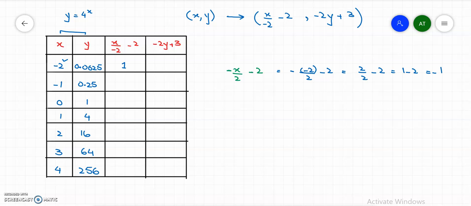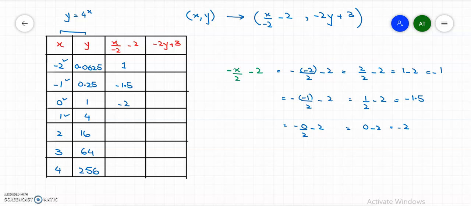Okay, the next x value is negative 1. So let me substitute negative of negative 1 divided by 2, and then minus 2. So we have 1 by 2 minus 2. In terms of decimal, it is negative 1.5. When x value is 0, we have negative 0 divided by 2, minus 2, that equals 0 minus 2, so that is simply negative 2.